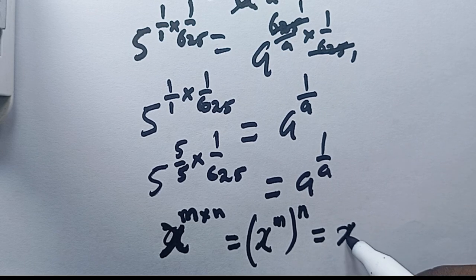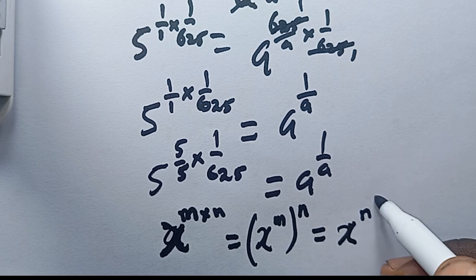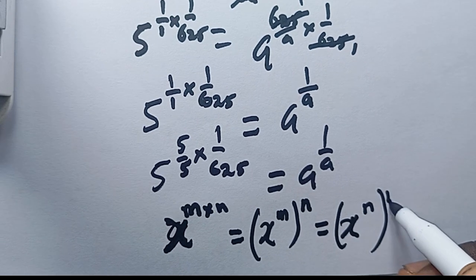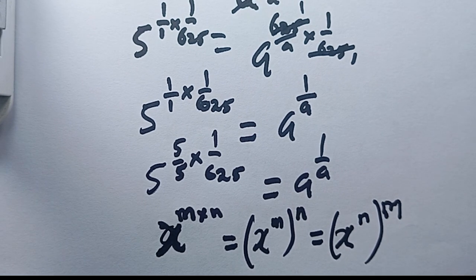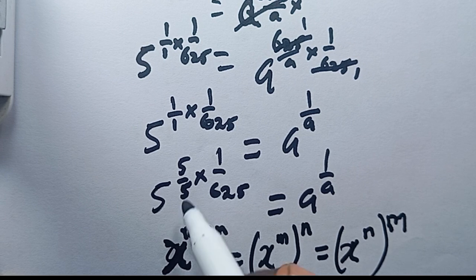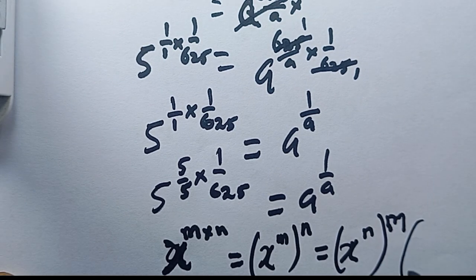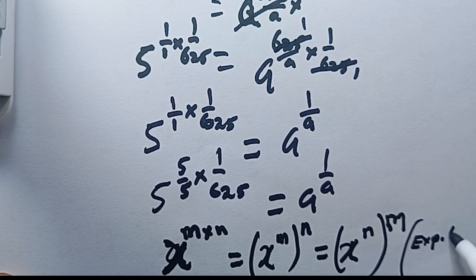So this will still be equal to x power n and then multiply by m. That is the rule I'm going to be using here. This is the exponential law of indices.